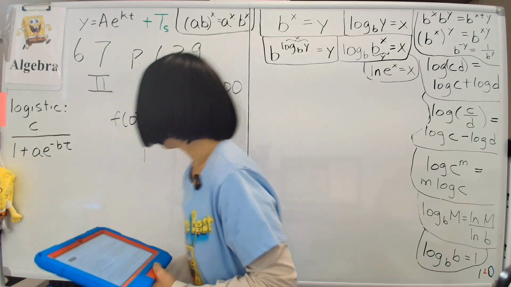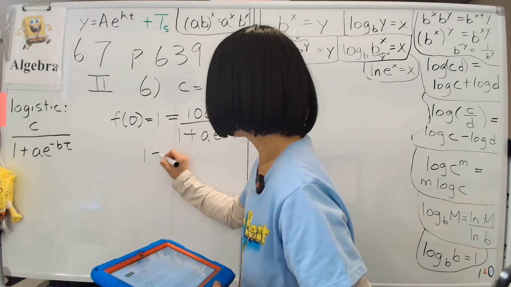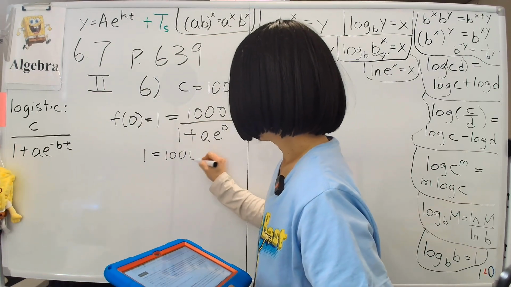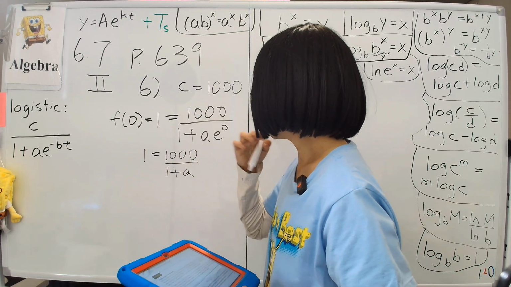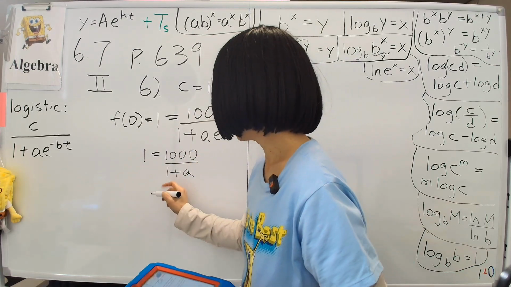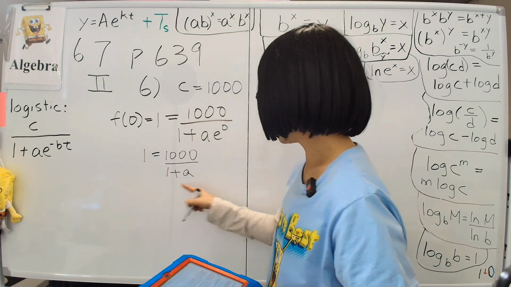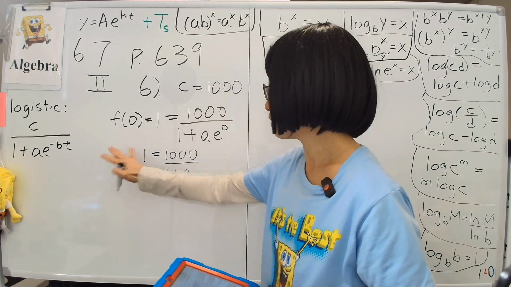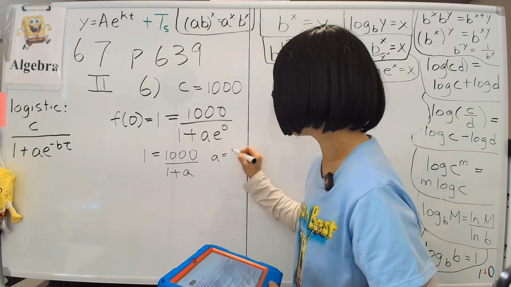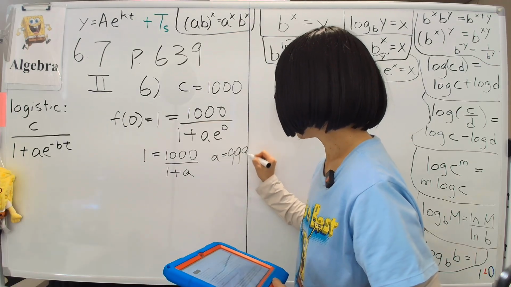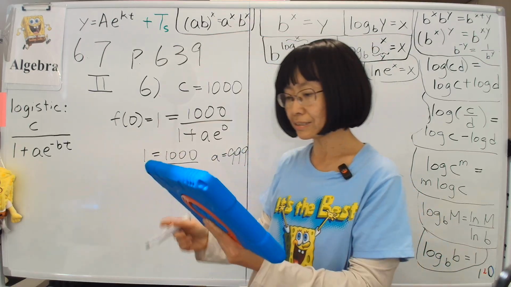Now 1 equal to 1,000 divided by 1 plus a. Which means solving this equation, okay, that means move a up here, 1 plus a equal to 1,000, then a is equal to 999, and that's a for our logistic formula.